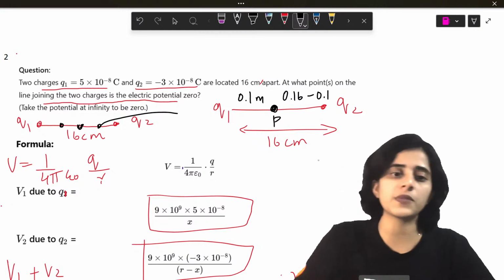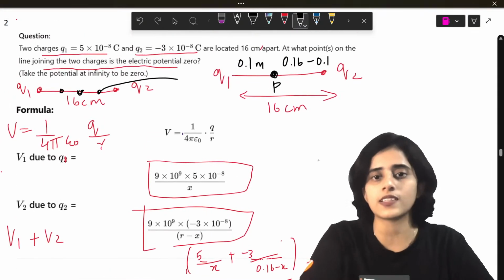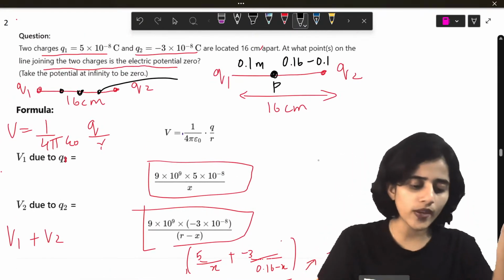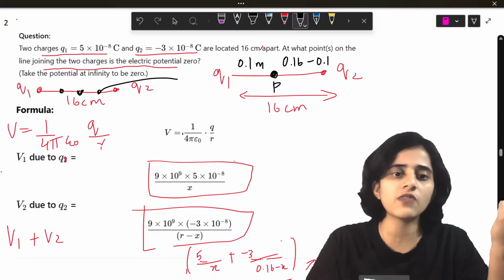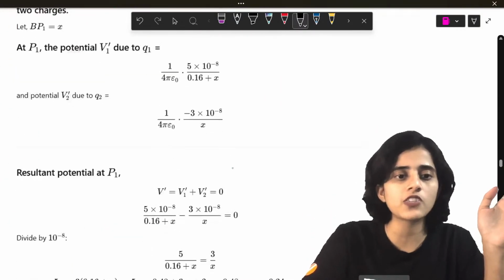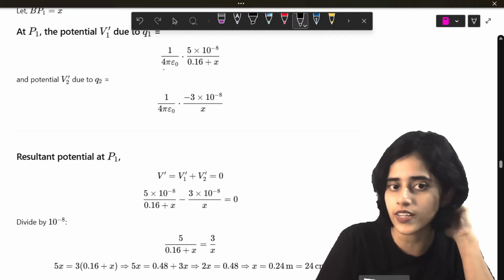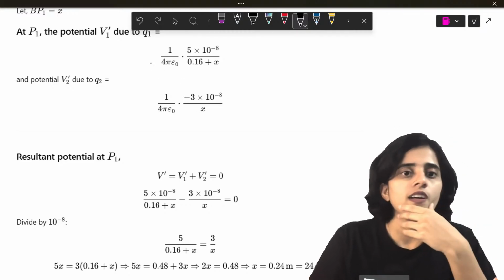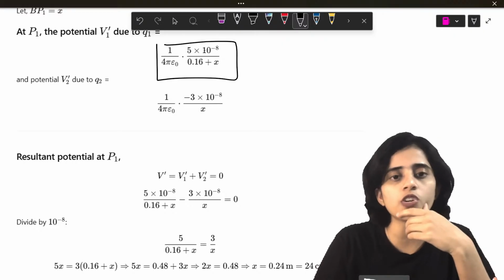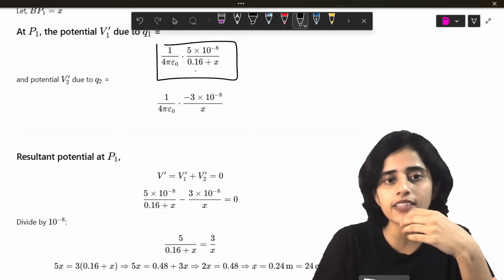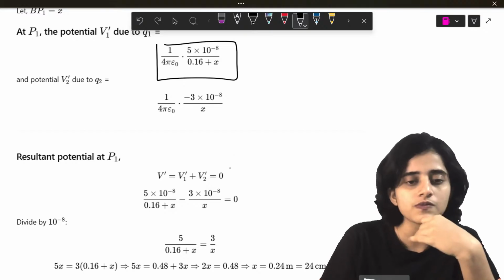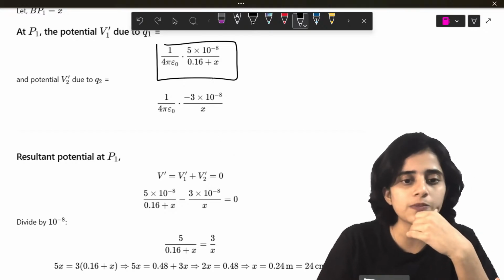Yes, 16 centimeter will be 0.16. So now I have this figure. Now quickly you just have to find out V1 and V2. Substitute in the main equations. So here this will be 1 by 4 pi epsilon 0, 5 into 10 raised to minus 8 divided by 0.16 plus x.